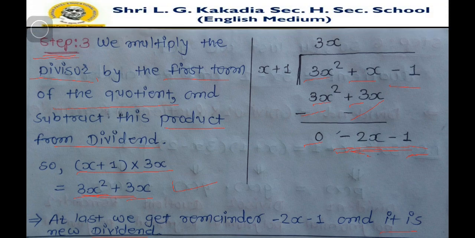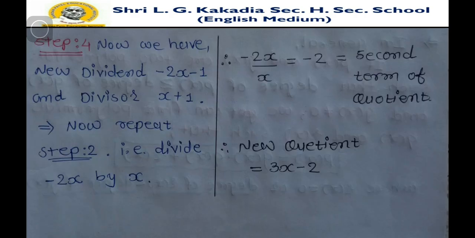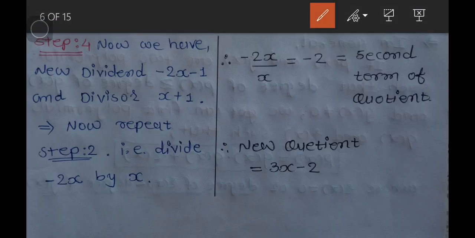So we go to step number 4. Now we have the new dividend minus 2x minus 1 and our divisor as it is, x plus 1. Now we repeat step number 2.